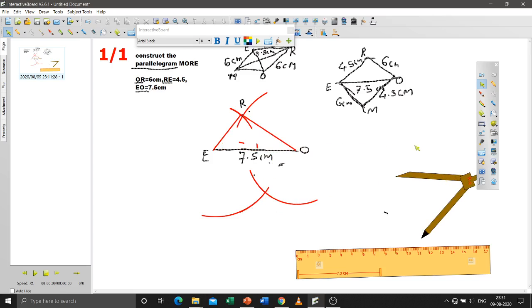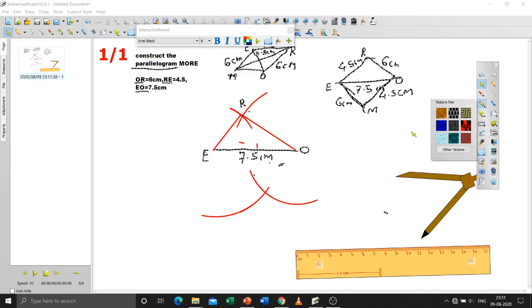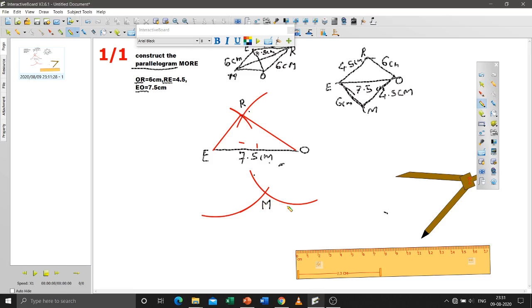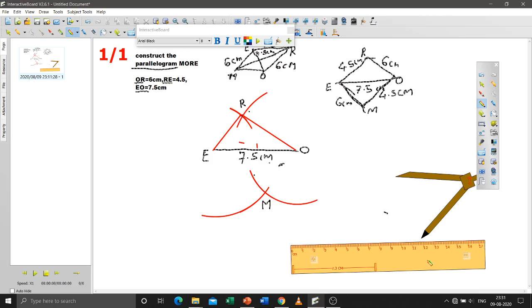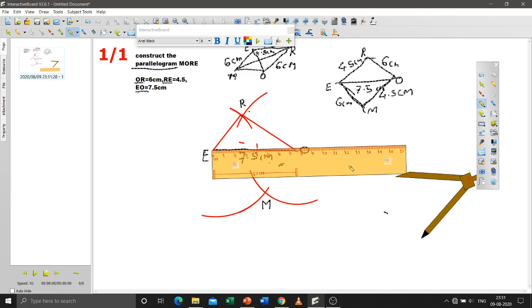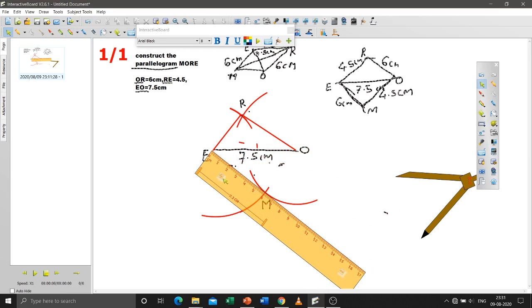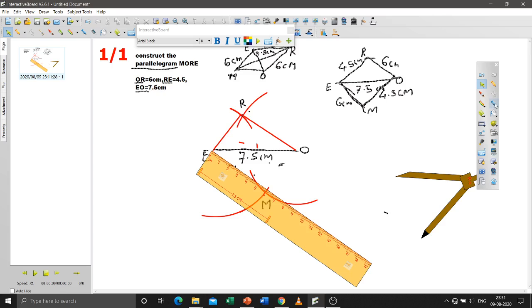Now we have got the intersecting point M here. Again, with the help of the ruler, we'll adjust it like this. Now, how we have to join the intersecting point, you can see here. With the help of the pencil, we'll join E and M here.